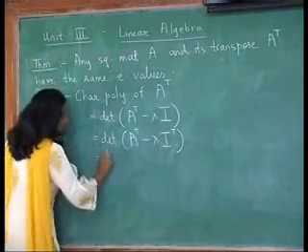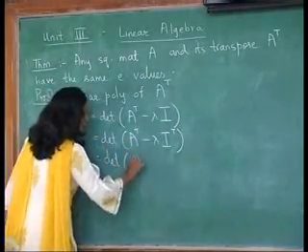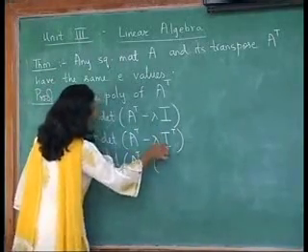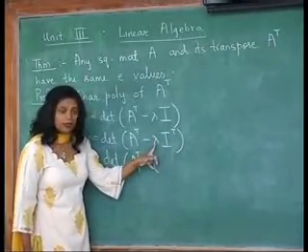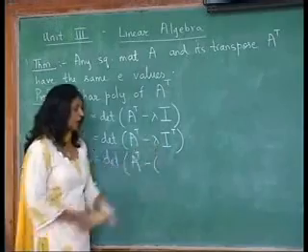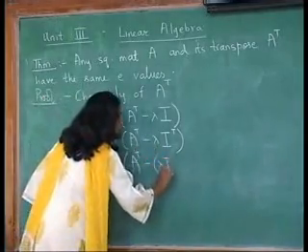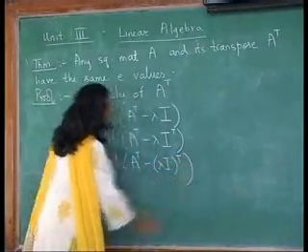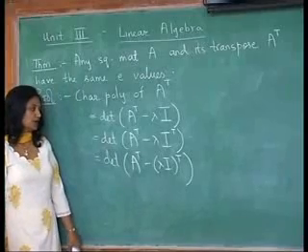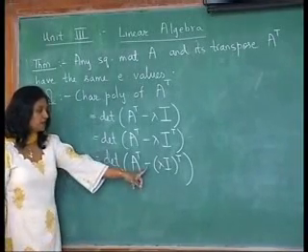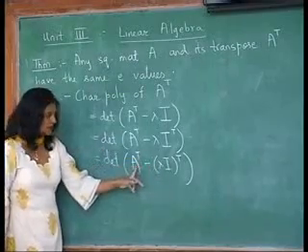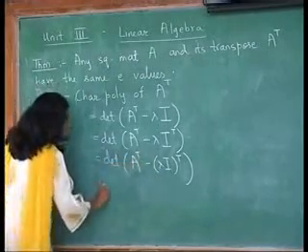And now I'm going to use some of the properties of the transpose. One of the properties was you can first take the transpose and then multiply by the scalar, or you could first multiply by the scalar and then take the transpose. And we also know that the difference of the transposes is the transpose of the difference.